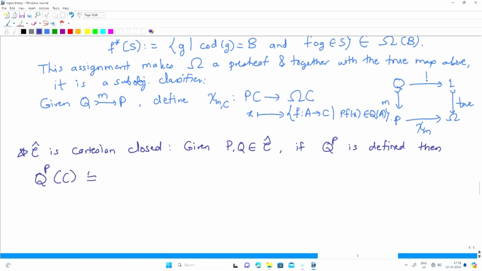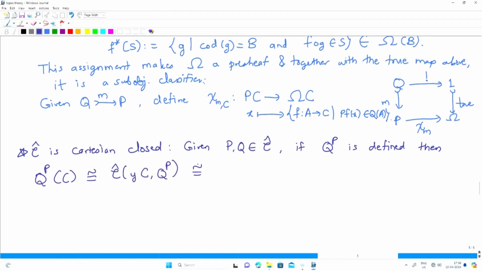Well, it will have to be isomorphic to, this is a functor, Q to the power P will again be an element in C hat. So thanks to Yoneda, it will be the set of natural transformations from Y C to Q to the power P. This is Yoneda.